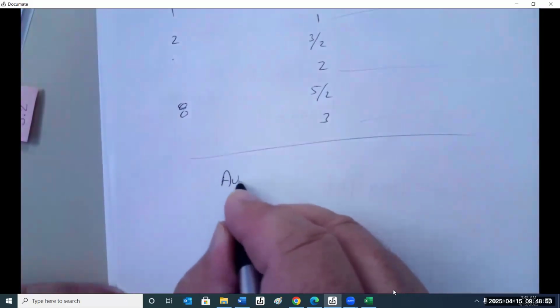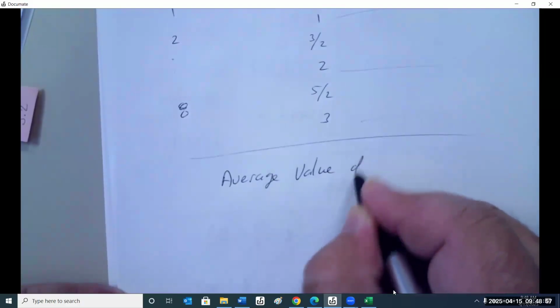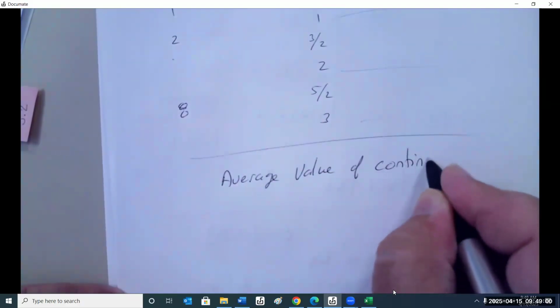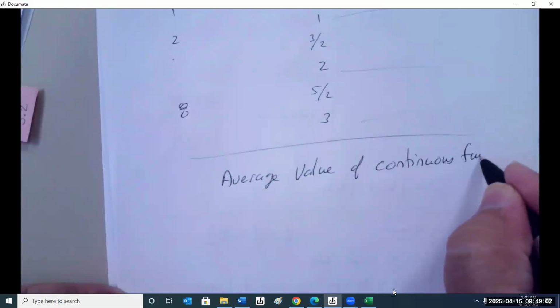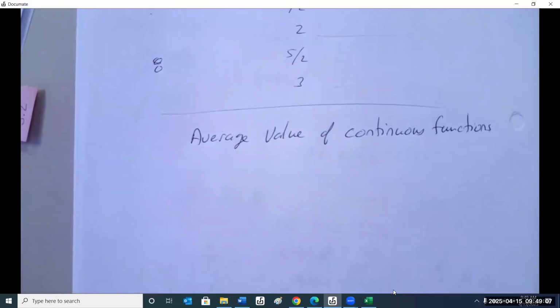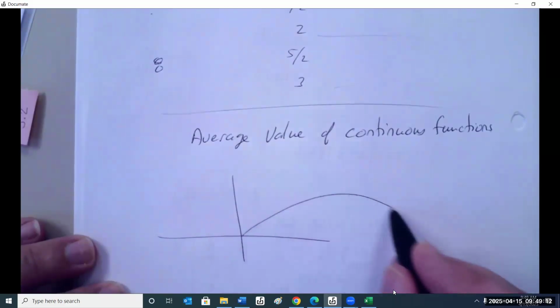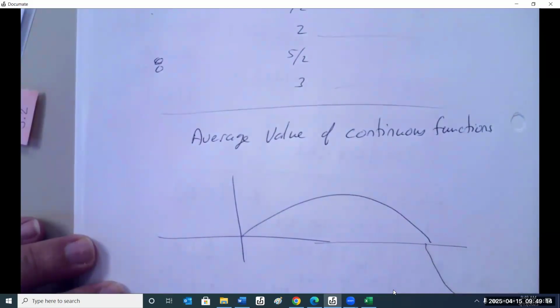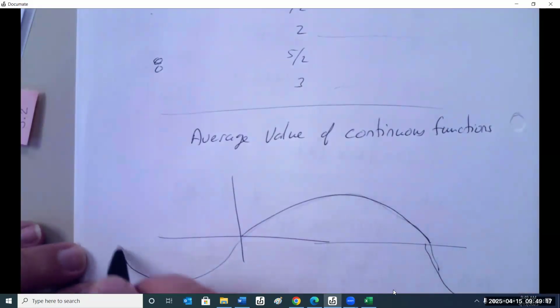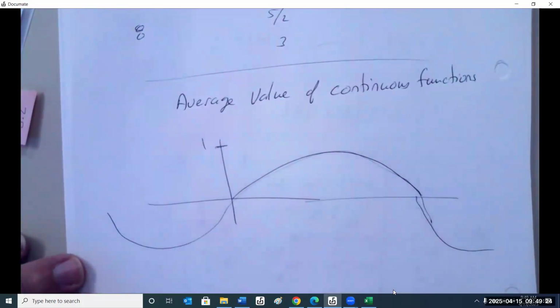The last thing, we'll do this next time because we're running out of time, is look at average values of continuous functions. For example, if we look at the sine function, we know it goes to 1.